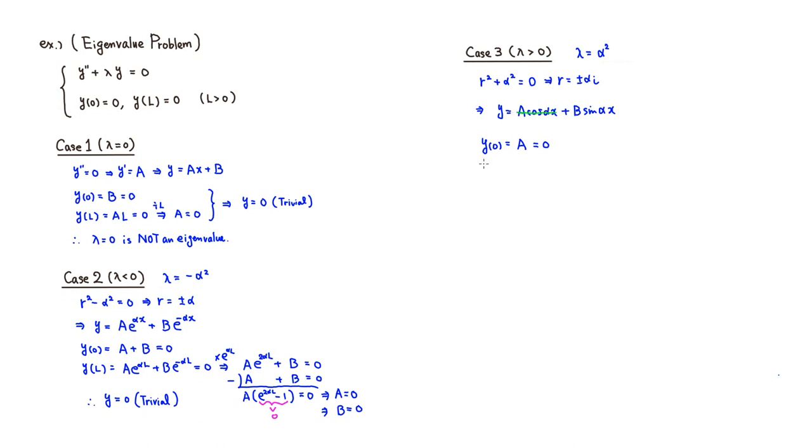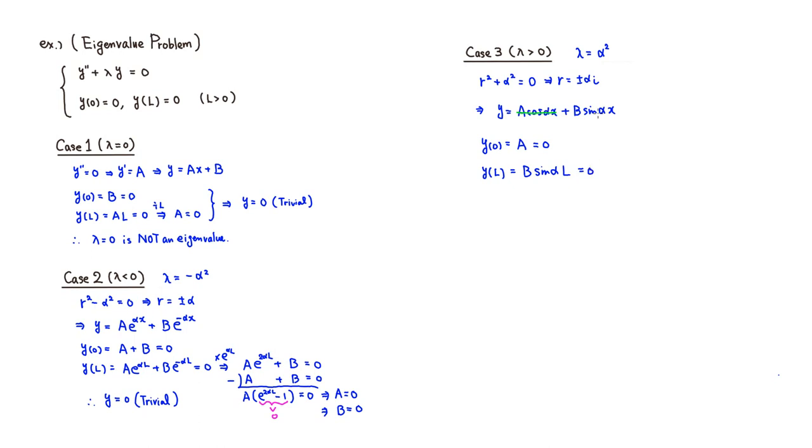And let's try a different color. y of pi, actually not pi, y of L, is going to be equal to b sine of alpha L, right?